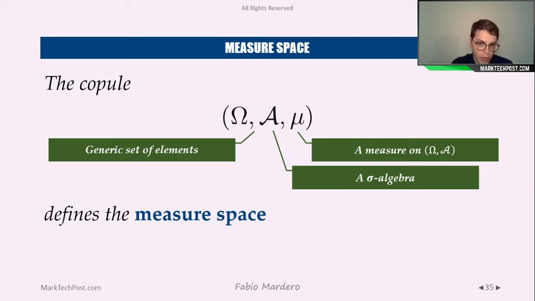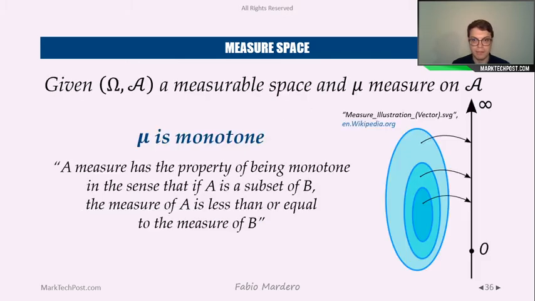Taking the measurable space and adding a measure on it, we are defining a measure space. Finally, we are in the core of measure theory, of course. Since the three properties that define the measure, we can say that mu is monotone.